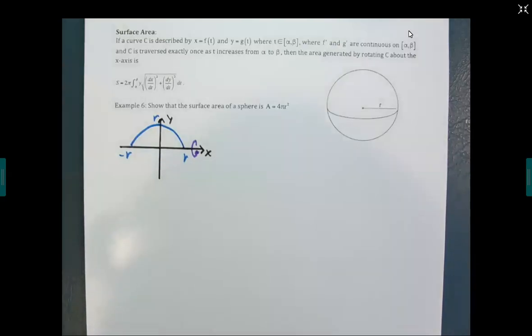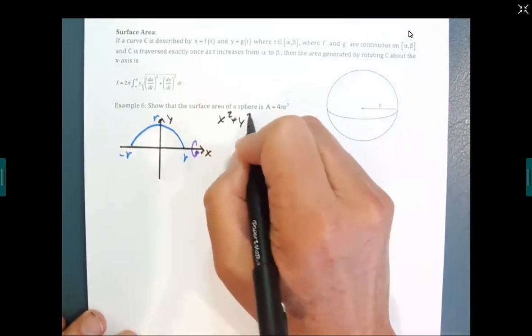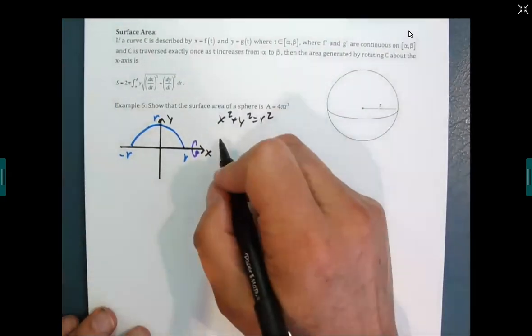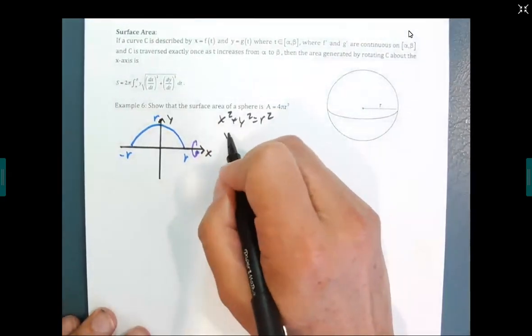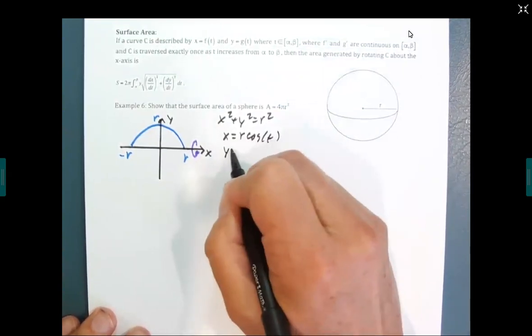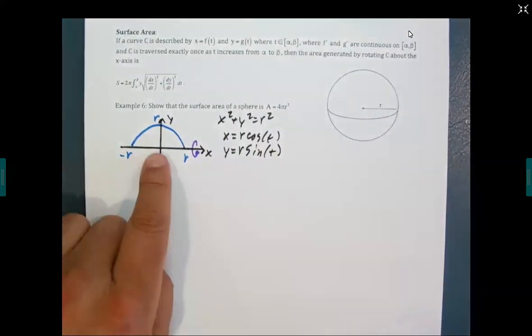Now, this formula here is a circle, and we know that a circle looks like this. However, in parametric equations, x is going to be r cosine of t, and y is going to be r sine of t, where r, once again, is the radius here.